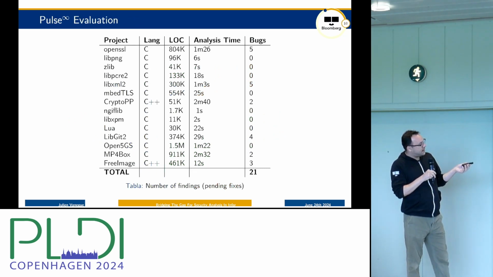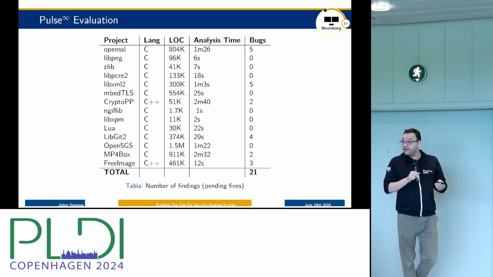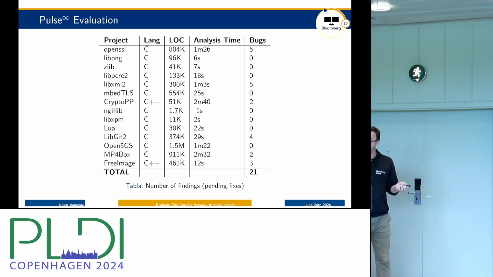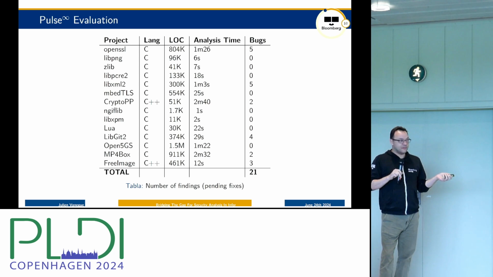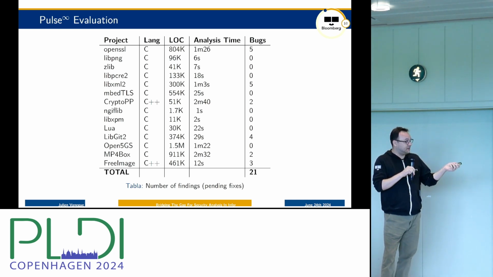You're talking about analyzing 1.5 million lines of code in about a minute. It's very, very fast. And I take no credit for this. I think actually Pulse does it all for me. But the point of this is to show that I'm not actually degrading performance of Pulse. It's really, really fast, and it's amazing that it's so fast because it's very scalable and it can be plugged into the CI/CD pipeline easily.